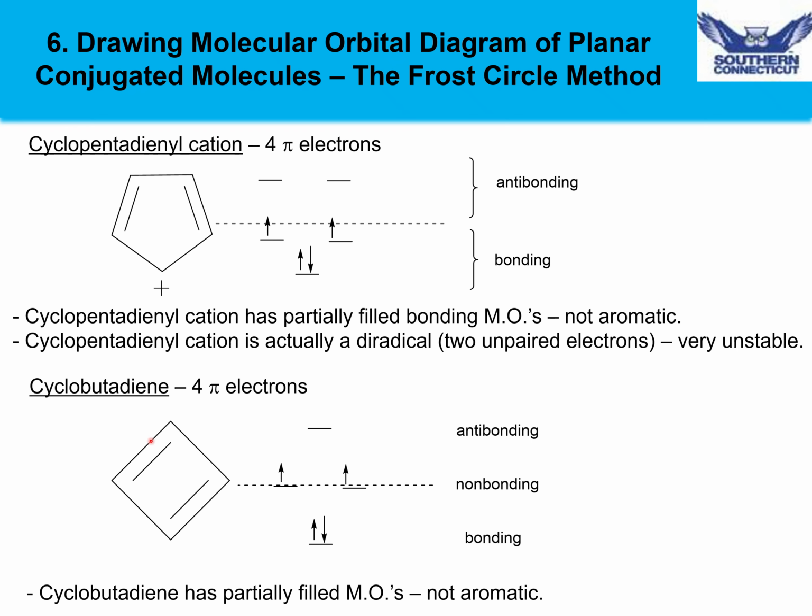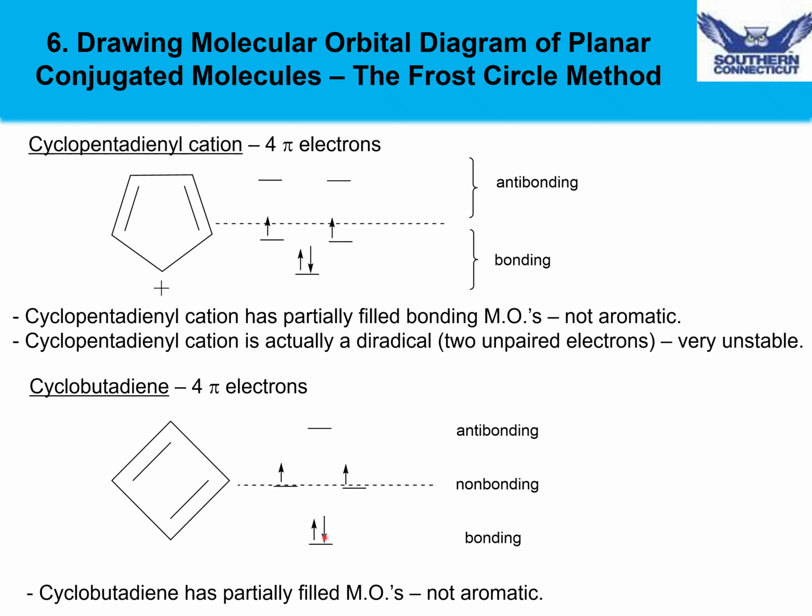Cyclobutadiene, which has this structure here, has 4 pi electrons due to the 2 pi bonds. And if we draw one of the corners down, we can draw a molecular orbital diagram from that. So we add an orbital here, add 2 more here where the midpoint is, making those 2 orbitals non-bonding. And then lastly, we have one more orbital at the top, and that one is anti-bonding.